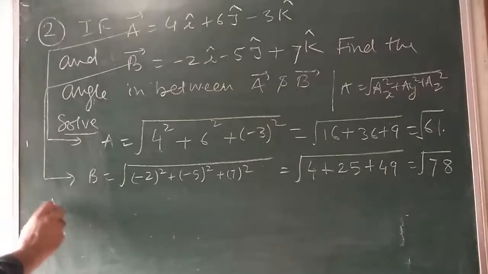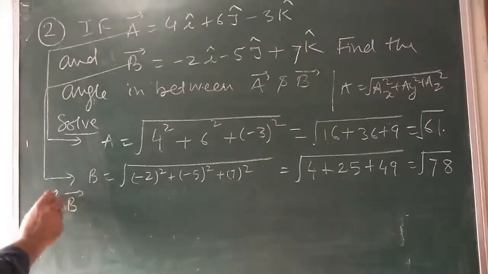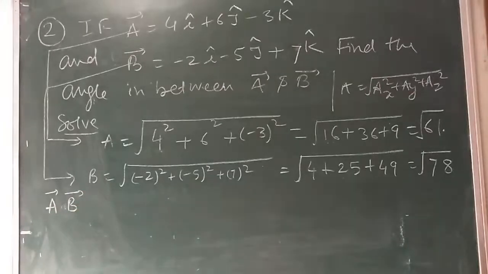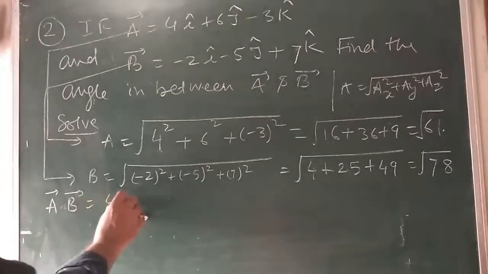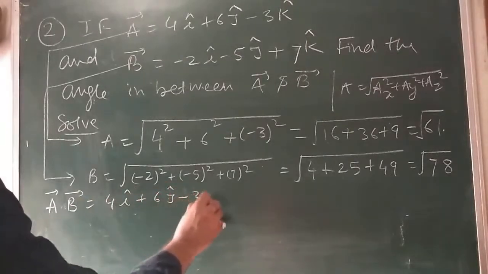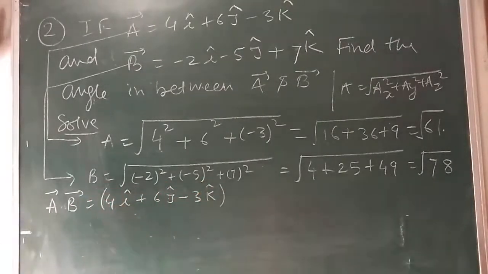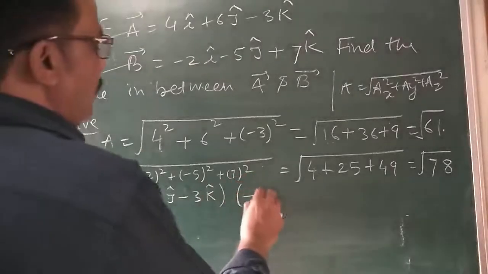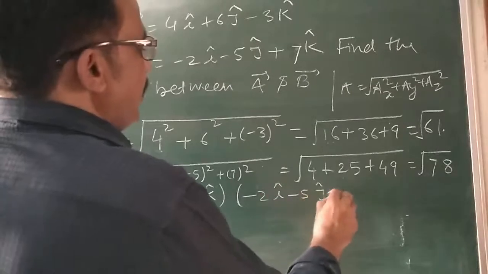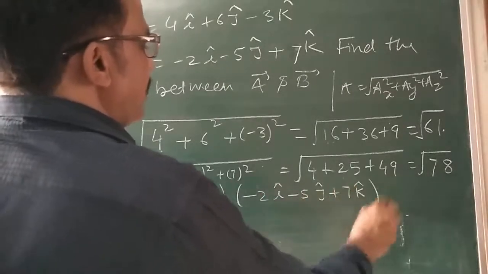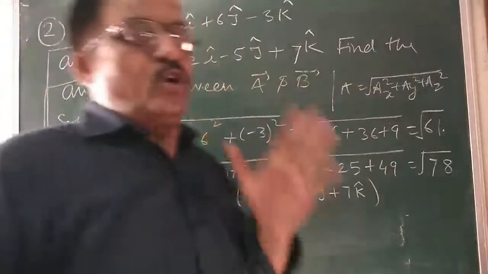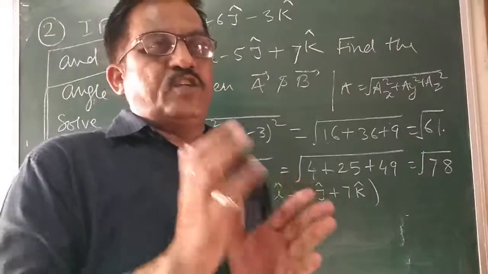What is A dot B? Of these two vectors, A is equal to 4I plus 6J minus 3K. Similarly, B is minus 2I minus 5J plus 7K. Here we know the formula: I dot I, J dot J, K dot K is 1.